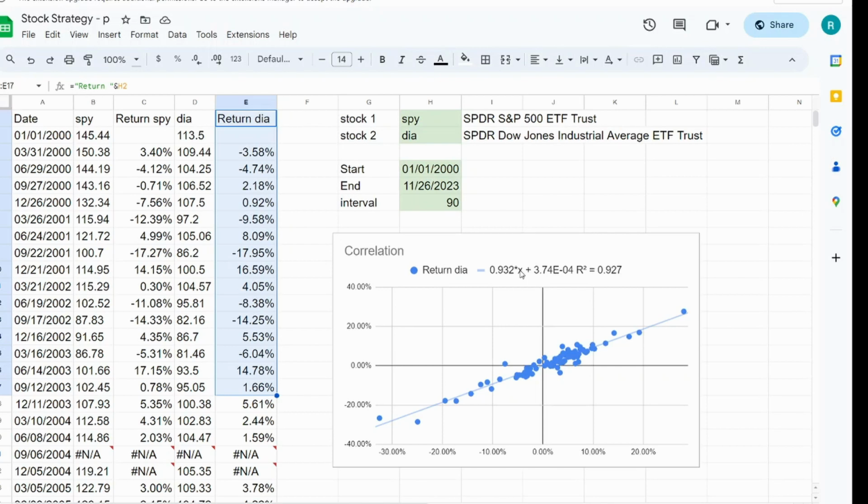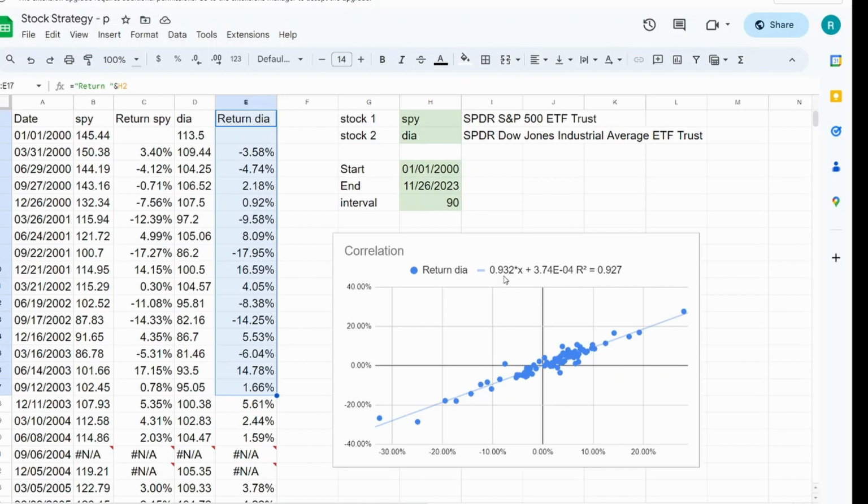And then with scatter plots, you can do a correlation and create an equation to model the data for predictions. The R-square is the correlation, and it goes from -1 to +1. Anything close to 1 is a strong correlation, a 1-to-1 relationship, where the stock return of 1 reflects the stock return for number 2.